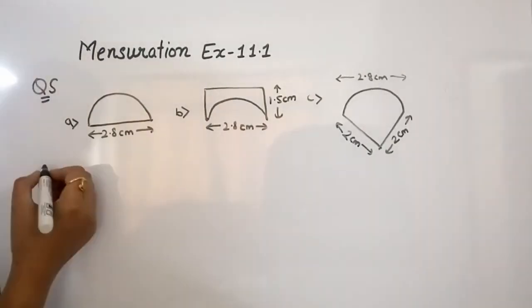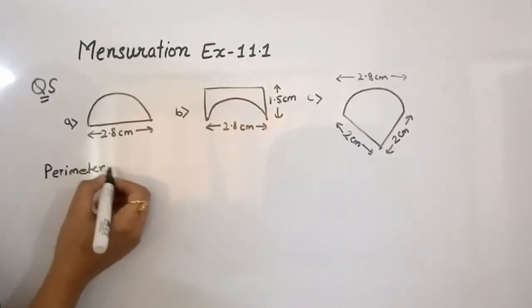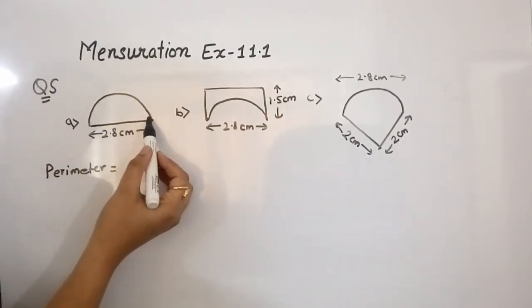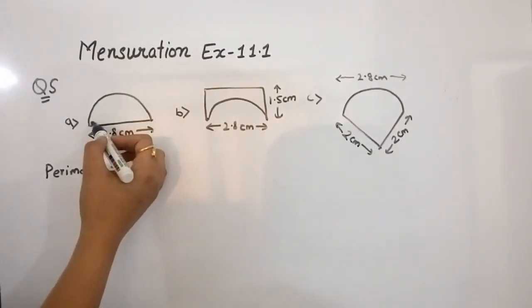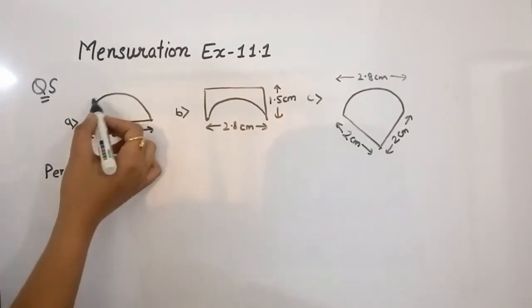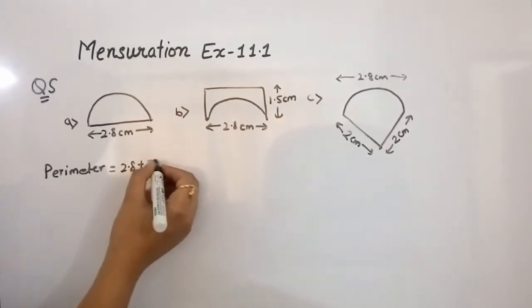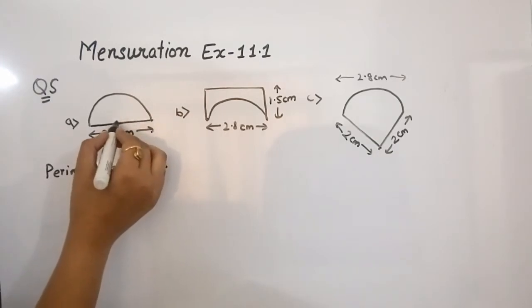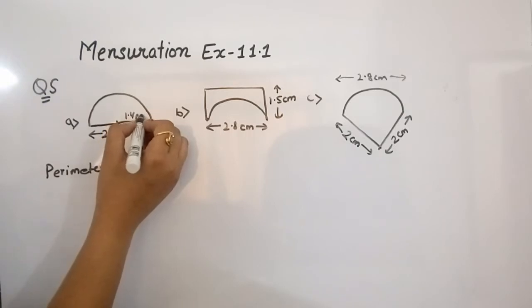Perimeter of the first figure is the sum of this side and the circumference of this semicircle. Circumference of a circle is 2 pi r and for a semicircle it is pi r. So it is 2.8 plus pi r, and the radius of this semicircle is half of this, which is 1.4 centimeter.